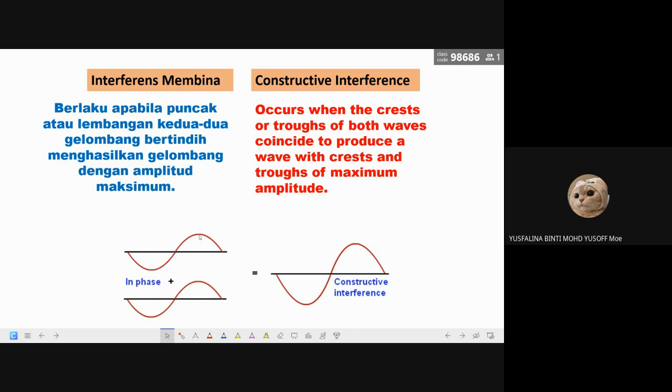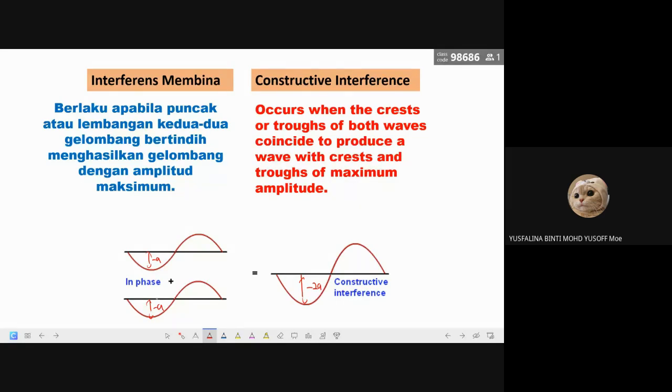This one is also crest meeting crest, so the amplitude here becomes twice that of this one, like the sum of these two waves. So if I have this one as negative A, the amplitude will be negative 2A. So what is the principle that you use?